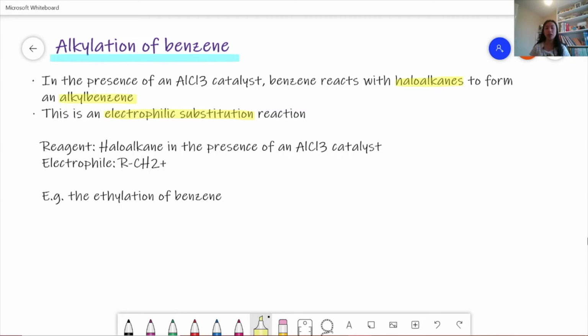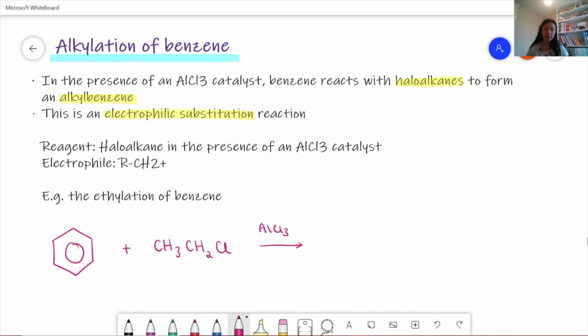the RCH2 plus group. So for example, looking at the ethylation of benzene, the haloalkane we're using is some kind of haloethane. So for example, if we used some chloroethane, what we would get would be the benzene reacting with some chloroethane. So we have CH3, CH2, Cl, and this will react in the presence of this aluminium chloride catalyst.